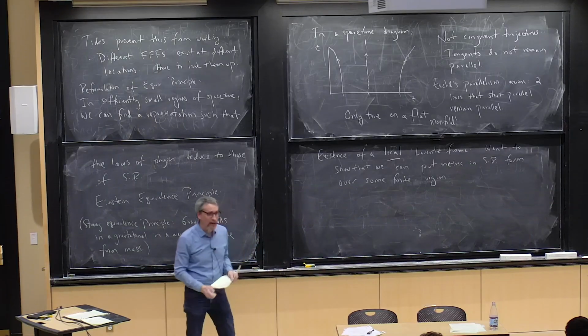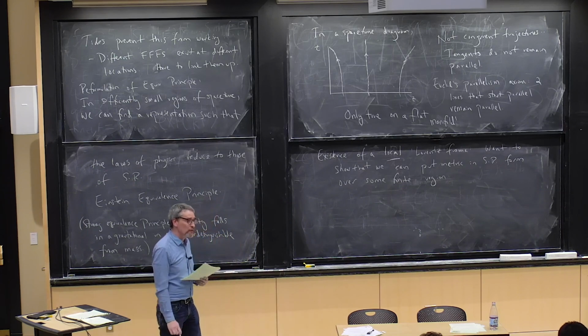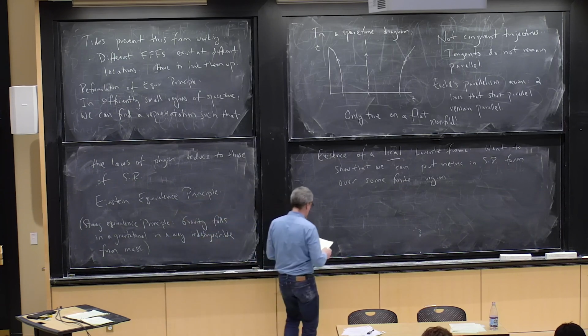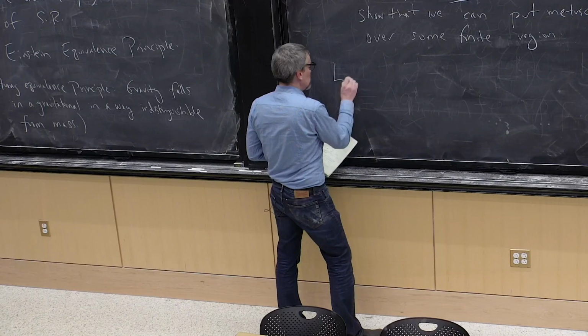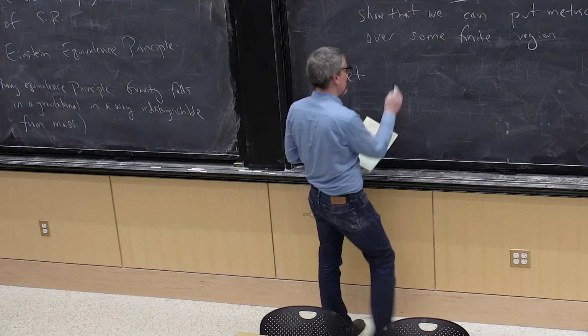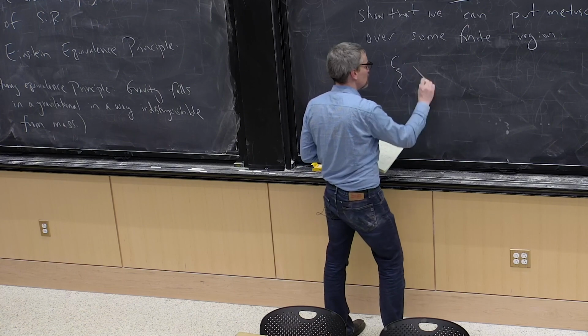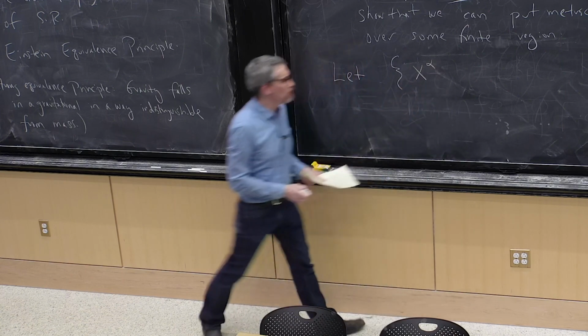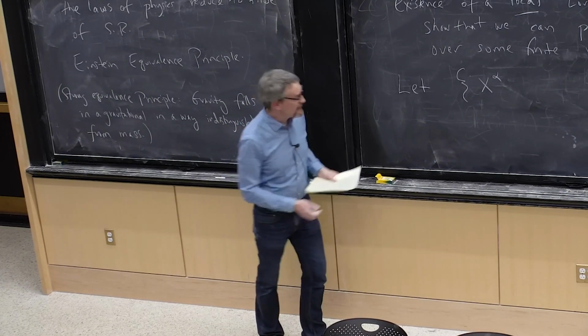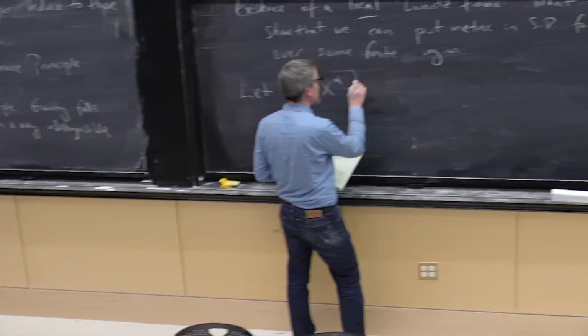So let me define a couple of quantities, and then let me formulate the way this calculation is going to work. Let coordinates with unbarred Greek indices be the coordinate system that we start in.